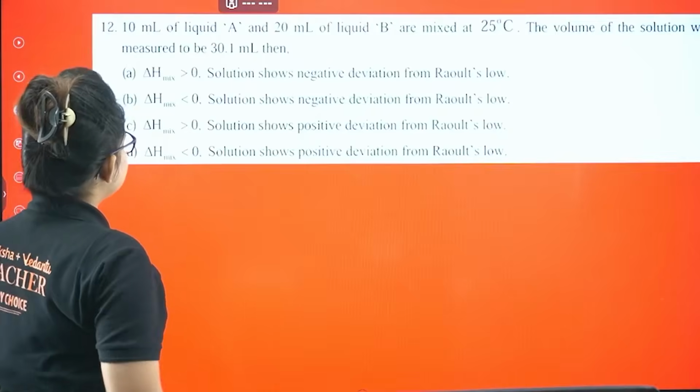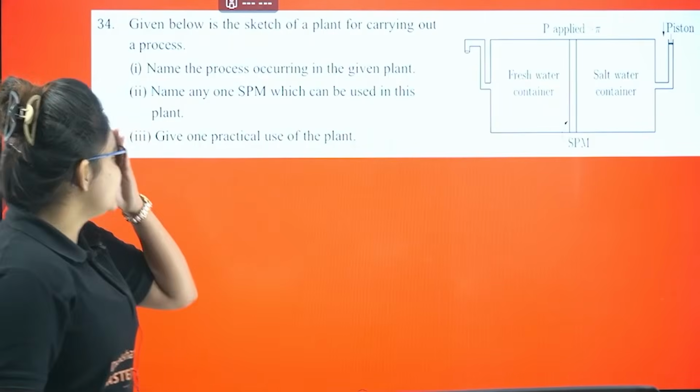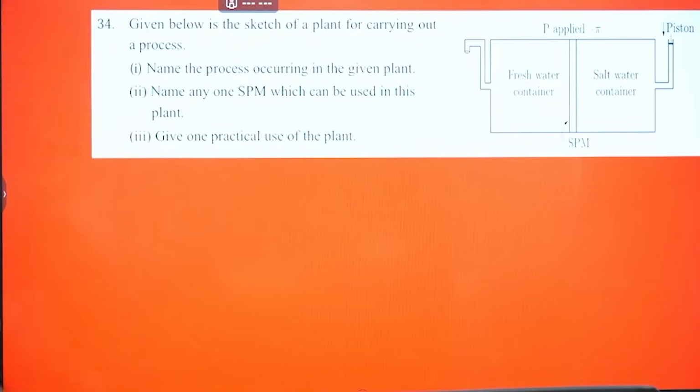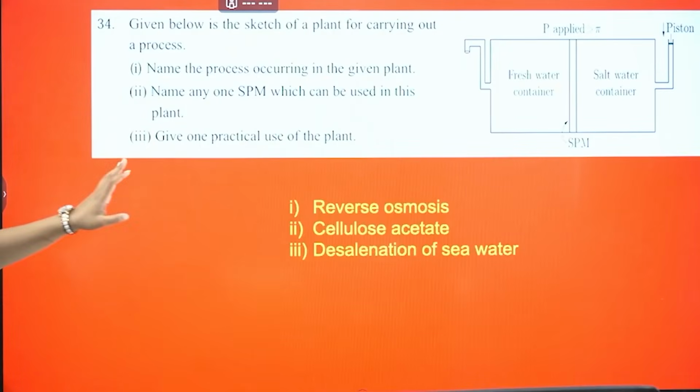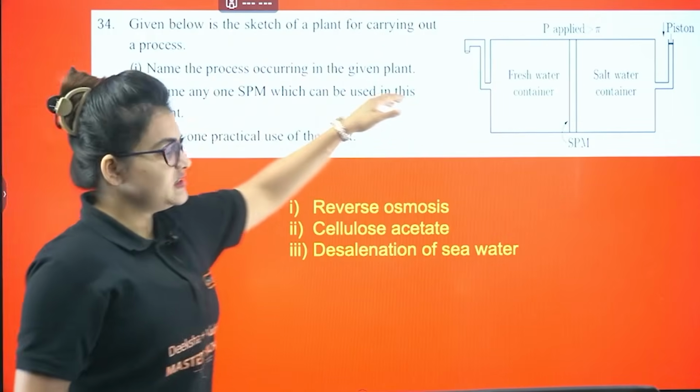Let's start. Next, here you can see it's a diagram based question. Given below is the sketch of a plant for carrying out the process. Name the process. That is reverse osmosis definitely, or better to say it is desalination of water. Name the process occurring in the given plant, means what's going on inside the plant.